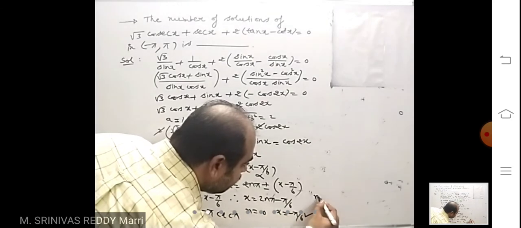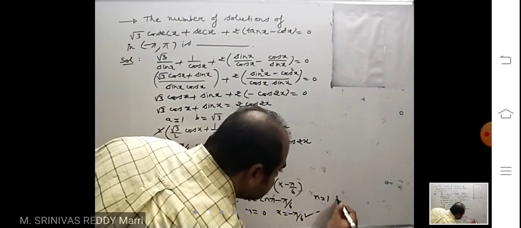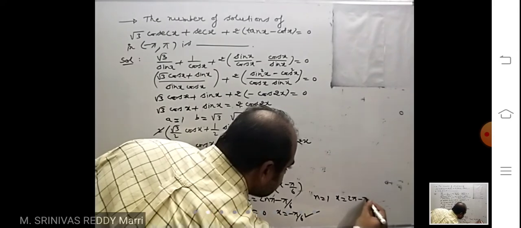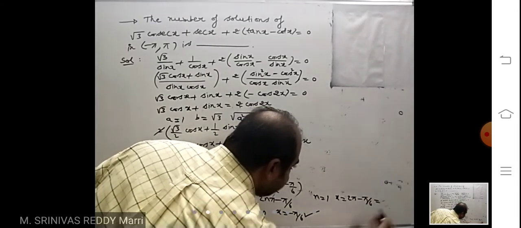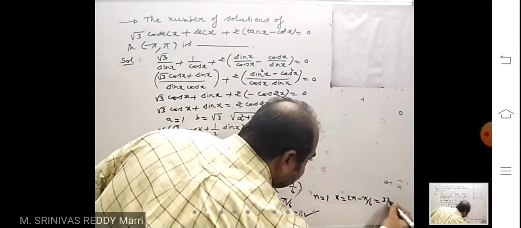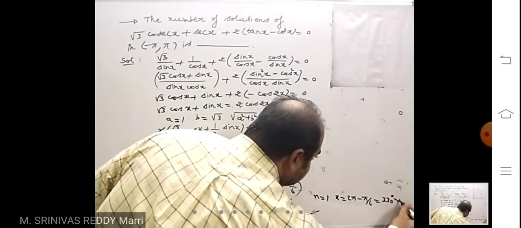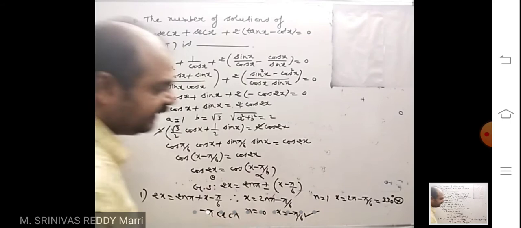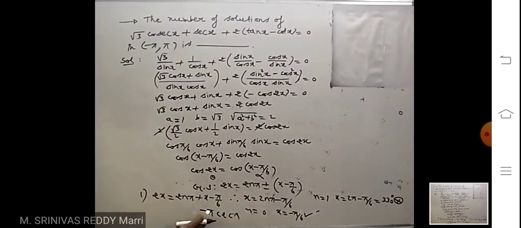This is one solution. Now if you substitute n equal to 1, you will get x equals to 2 pi minus pi by 6. This is 360 degree minus 30 degree, 330 degree, it won't lie between minus 180 to 180.